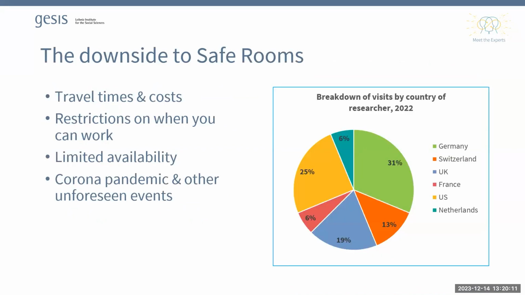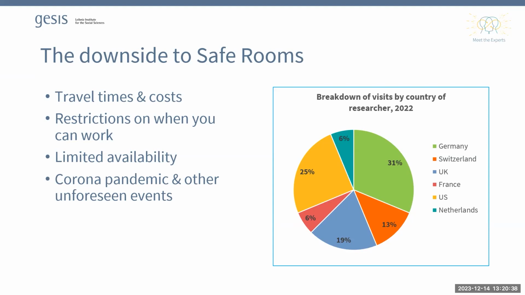Now, we like safe rooms because we can control everything and they're very secure, but they have a lot of downsides, which is why we've been moving away from them. The first disadvantage is for our poor researchers. Unless you happen to live in the same city as the safe room, you will have to travel.